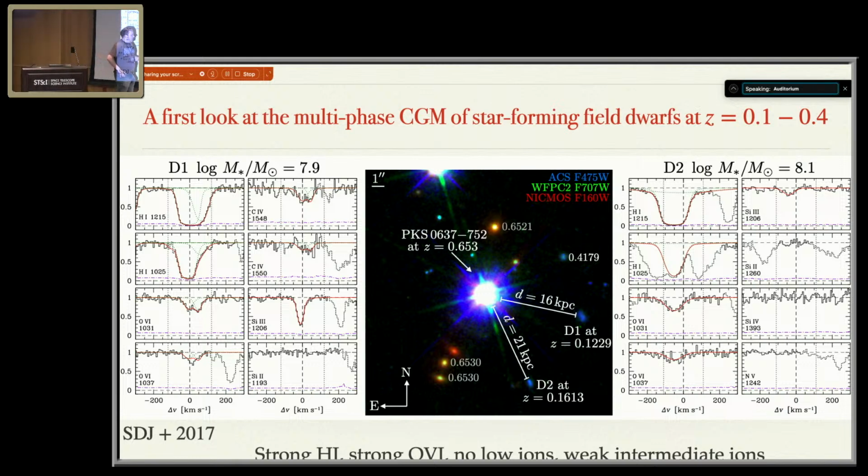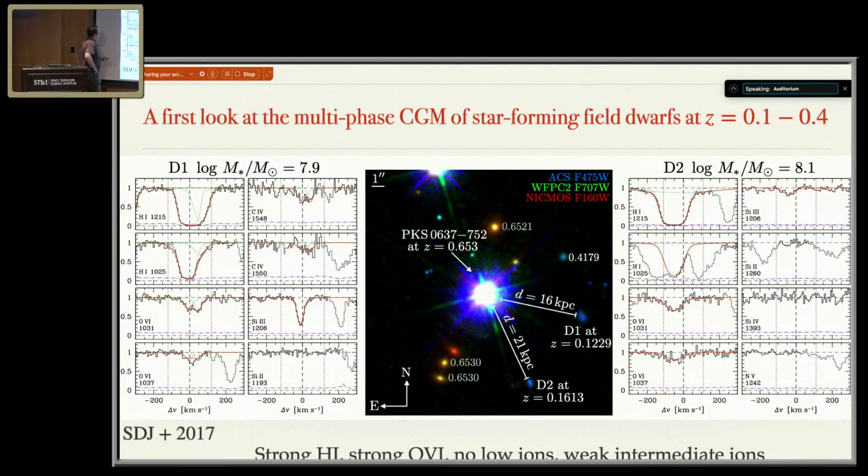And this one at redshift 0.16 is slightly more massive, probed at 21 kiloparsecs. Just for reference, these are roughly main sequence dwarf galaxies. And when you put them at even redshift 0.1, which is not high redshift, they are still a little bit fainter than 23rd magnitude in the R band. So we're pushing relatively faint already.